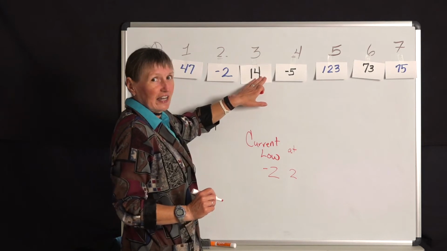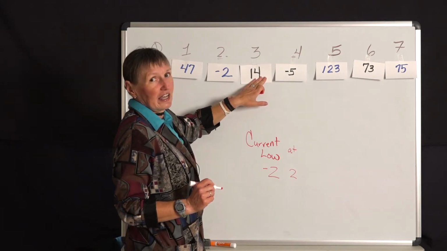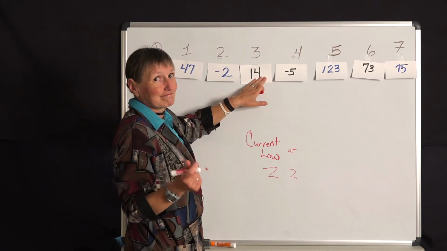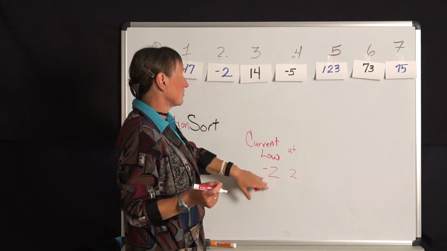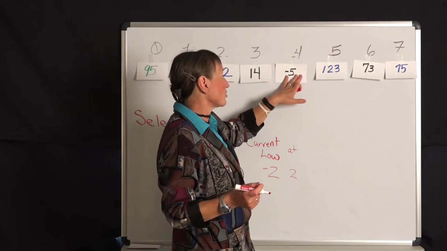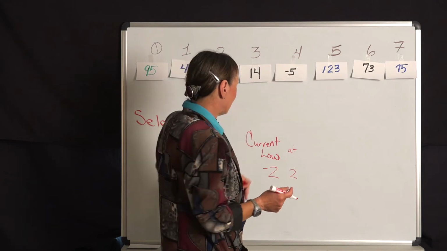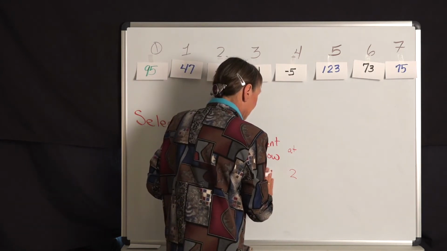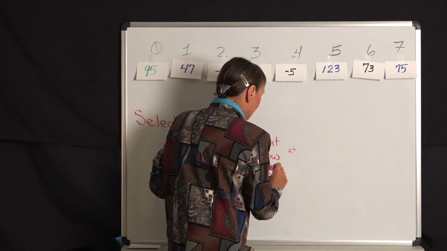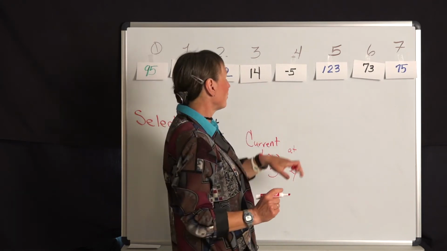And we look now at the next one, which is 14. And it's not less than -2. Then we come to our next one, which is 4 at -5. Well, that definitely is lower. So we're going to put -5 here at index location number 4.